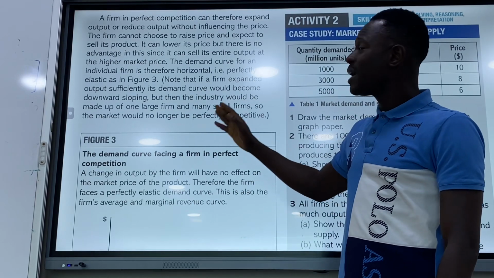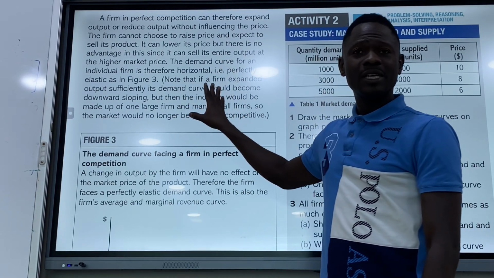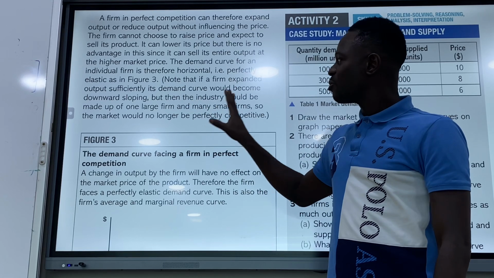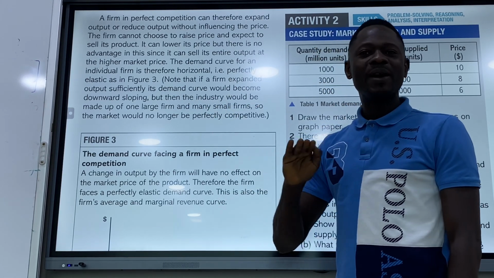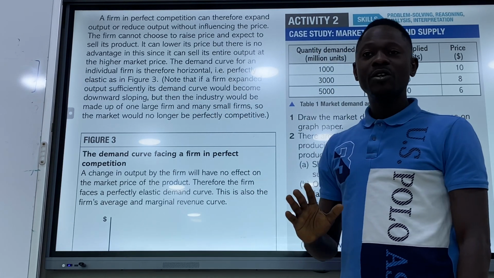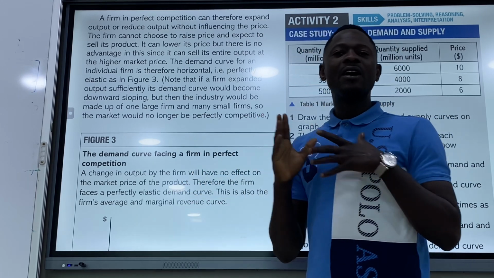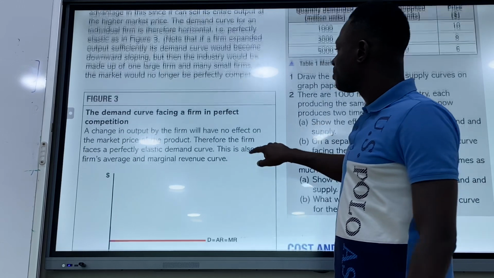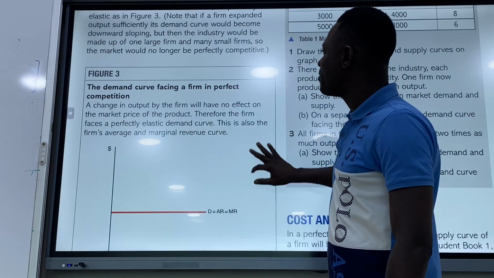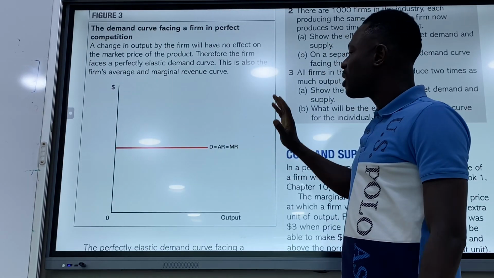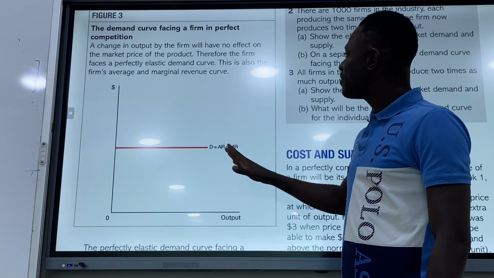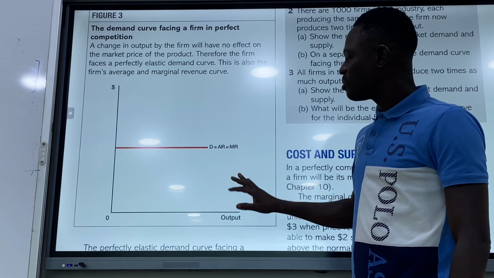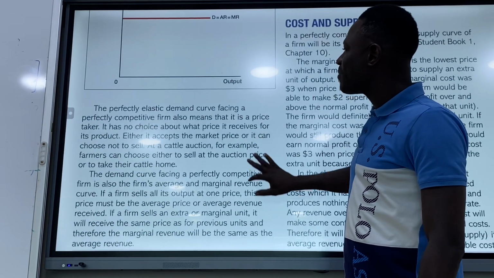So that means the demand curve is always horizontal, which is perfectly elastic. Which means prices are determined by the demand for and the supply of. So in a perfect competition, all firms in that industry are price takers. That is the point. So for the demand curve facing a firm in a perfect competition, whatever happens, the average revenue is always the same as the marginal revenue, which means it is perfectly elastic.